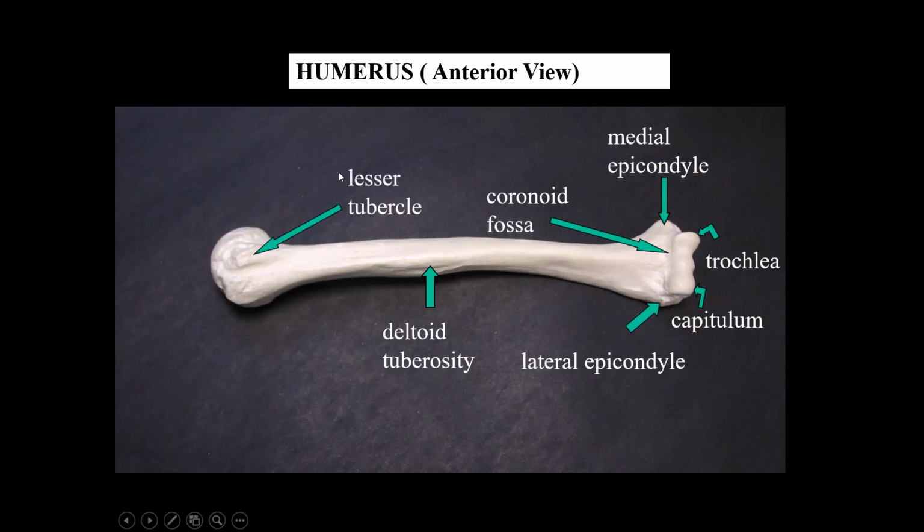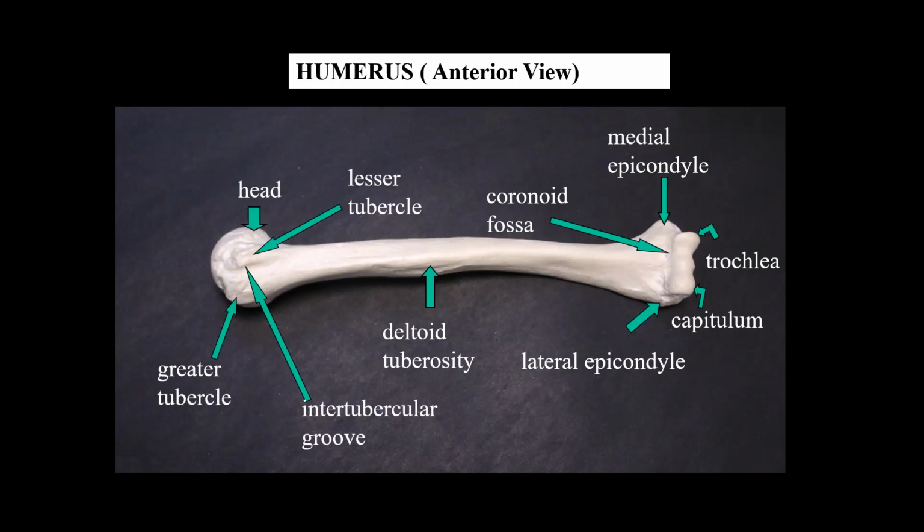Now this structure here is called the lesser tubercle. Don't know why they call it that, but that's what they do. The lesser tubercle is butted up right next to the head. The greater tubercle is, well, there's the head, and the greater tubercle is on the other side. The greater tubercle and lesser tubercle are these little bulges here.